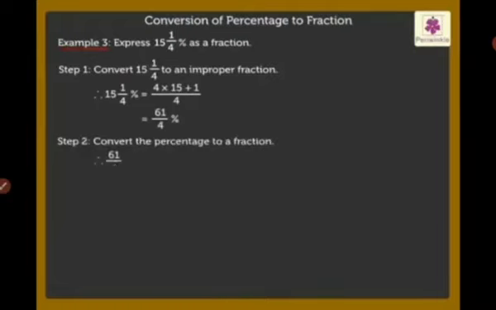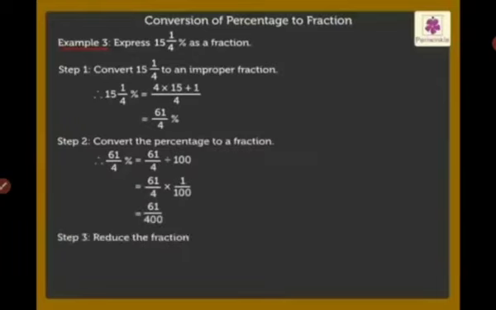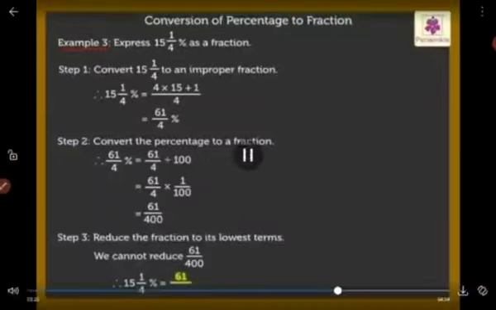Hence, 61 upon 4% is equal to 61 upon 4 divided by 100, which is equal to 61 upon 4 into 1 upon 100, which is equal to 61 upon 400. Step 3. Reduce the fraction to its lowest terms. Here, we cannot reduce 61 upon 400. Therefore, 15 and 1 upon 4% is equal to 61 upon 400.